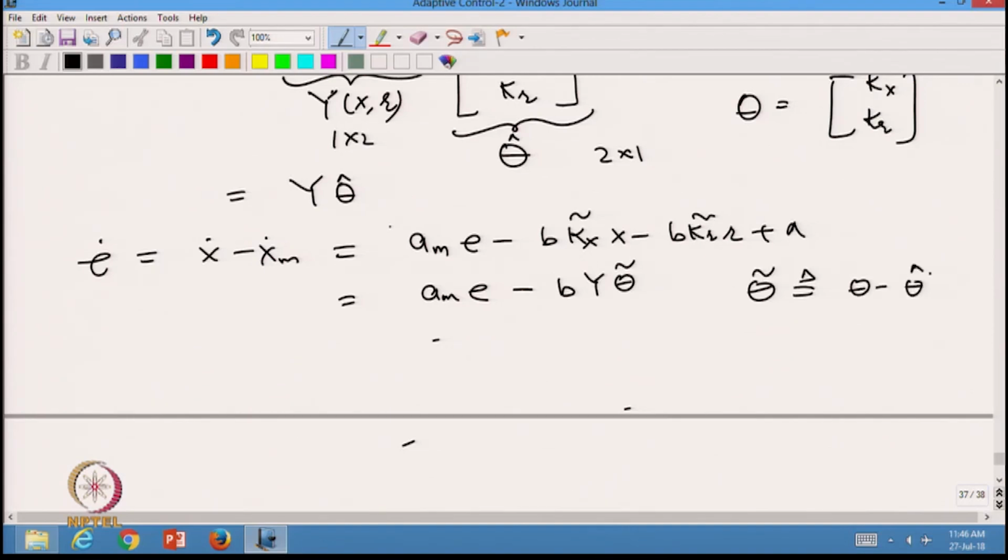You can think of it as kx tilde and kr tilde, plus d, which is a disturbance.